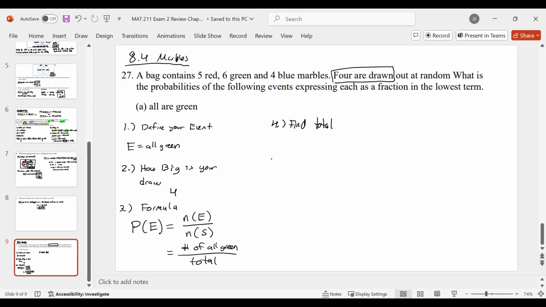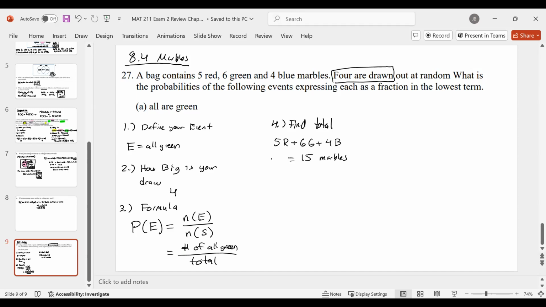When you're drawing marbles, you don't care about the order, because that's not what matters. What matters is how many you have of each of them. Sorry, I have to count the total number of marbles first. There are 5 red plus 6 green plus 4 blue, and if I add those together, I get 15 marbles. I am grabbing 4 of them all at once, not one at a time.